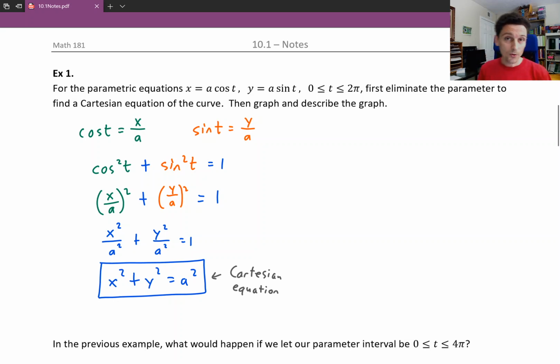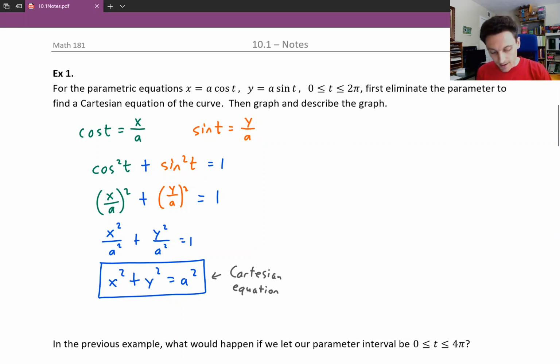That's an equation that's only in terms of x and y. There's a constant a in there, but that's just a constant. That's okay. So there's the Cartesian equation that is going to represent the path that the parametric equations are going to travel on.